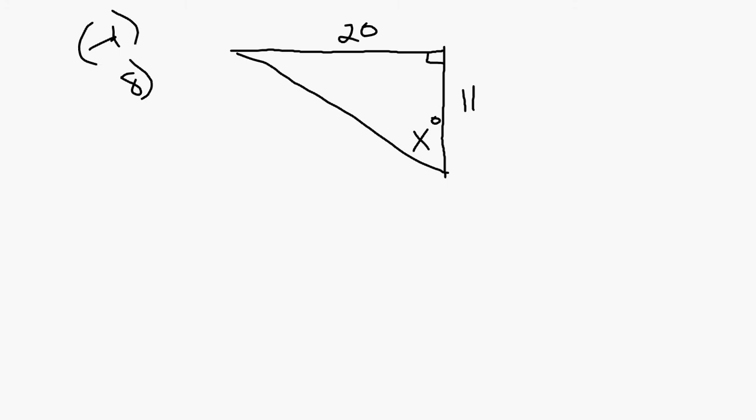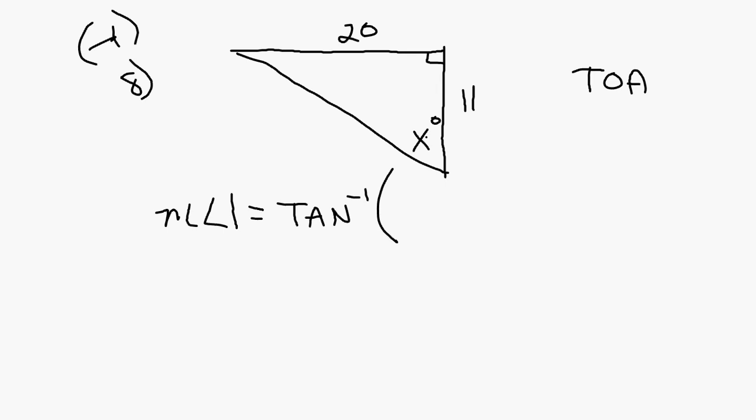But when you're trying to find an angle measure, you need to raise it to the -1 power. Remember that? The measure of angle 1 is equal to tan -1 of opposite, which is 20, over adjacent, which is 11. So that's your second tan. 20 divided by 11. 61.2 degrees.